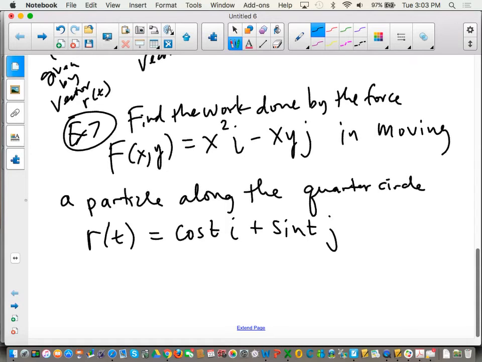And then you're told t is going to go from 0 to pi over 2. Put that into there, it's a composite, and I'm going to show you because this will be x and that will be y. And you dot product with the derivative of this. That's what's going to happen.